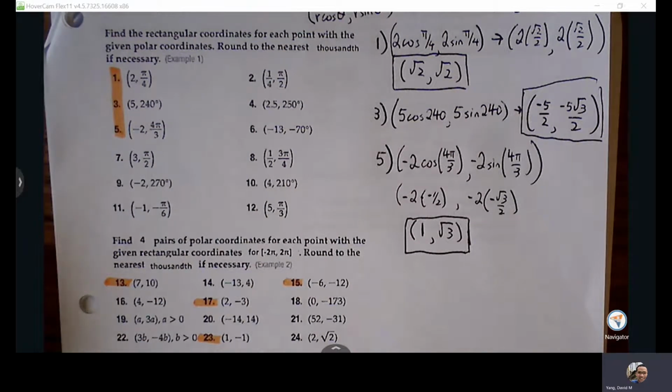Guys, 13 through 23, make sure you're going back to radian mode. Okay, radian mode. Bottom half.